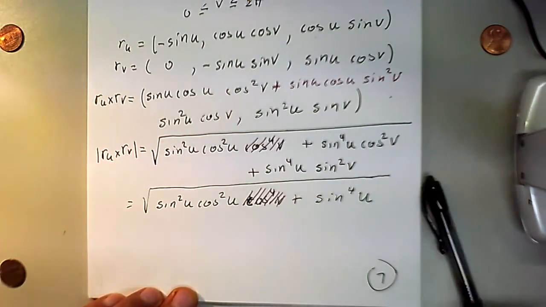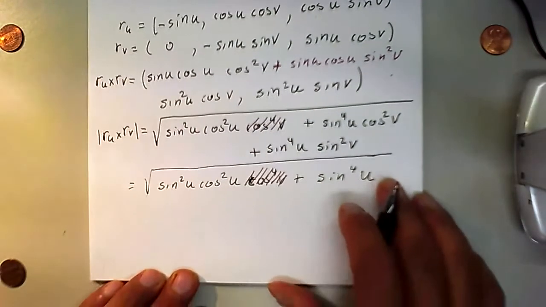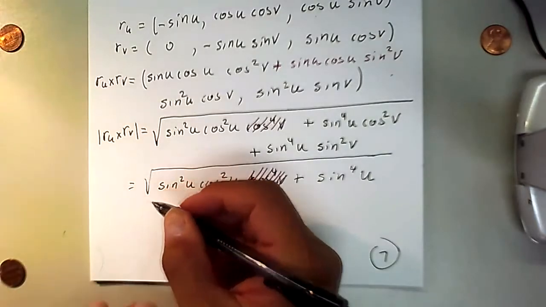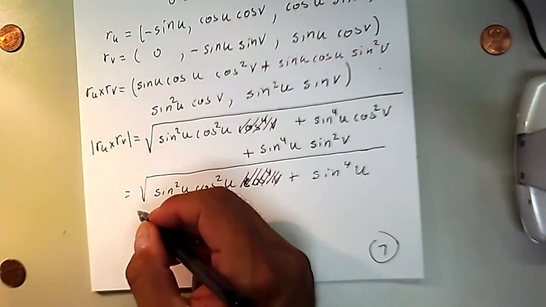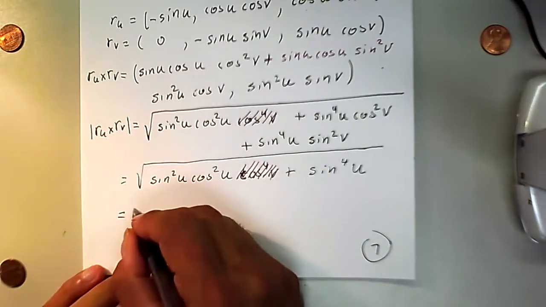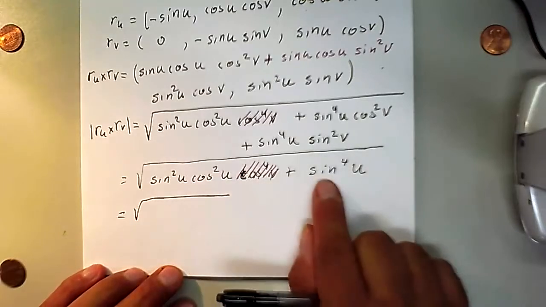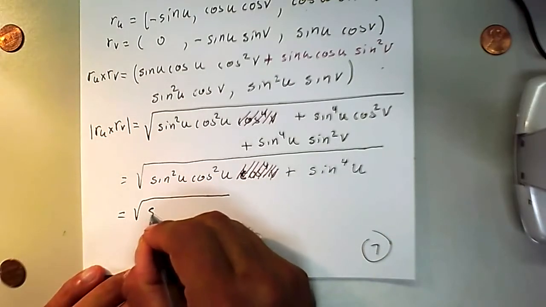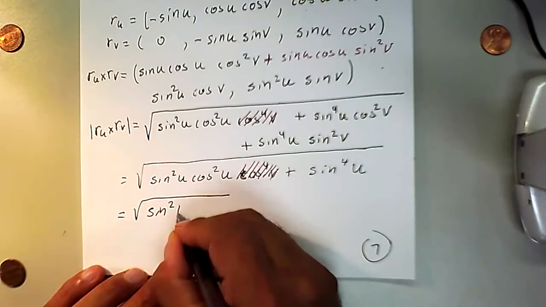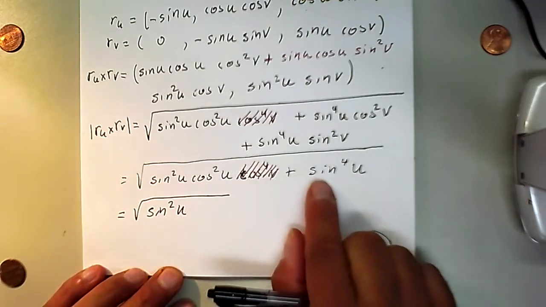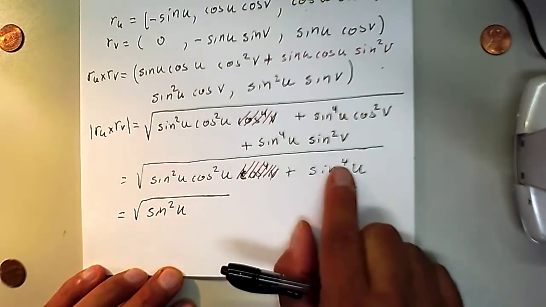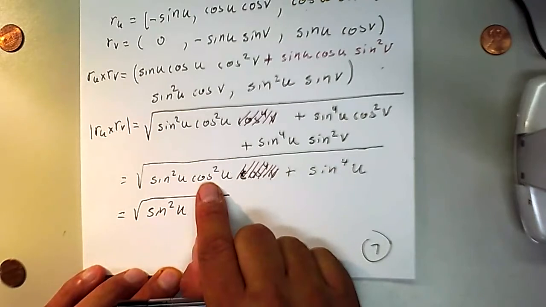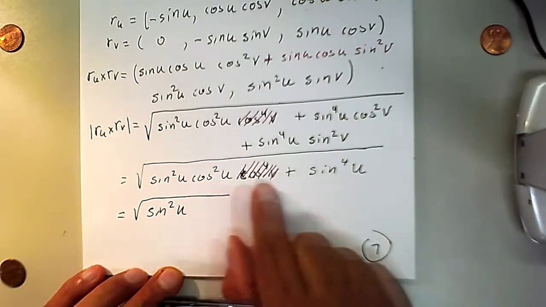So then this is equal to the square root, sine squared may factor out. And then we have another sine squared, because we got four of them, plus cosine squared of the same input, u.